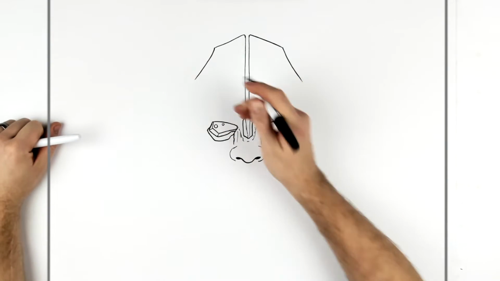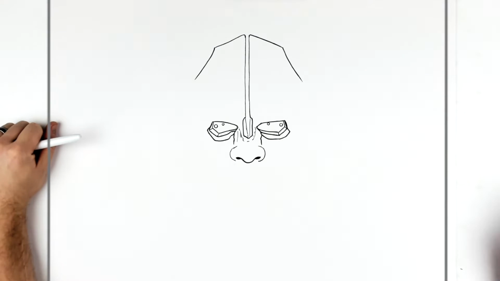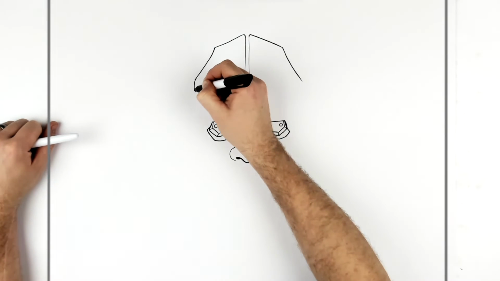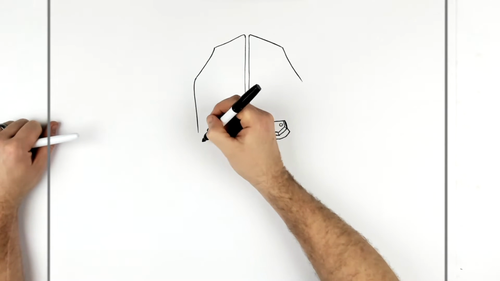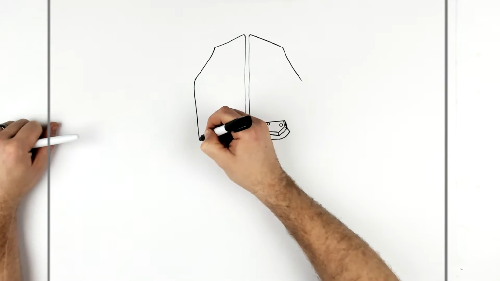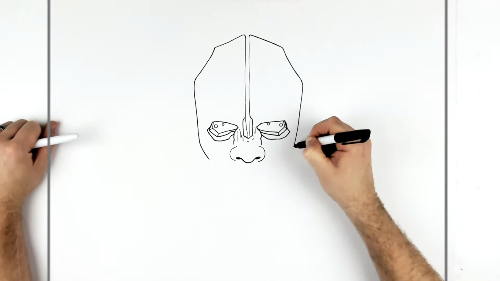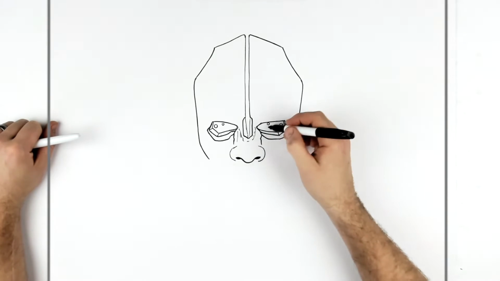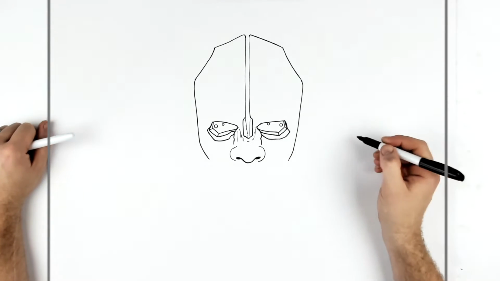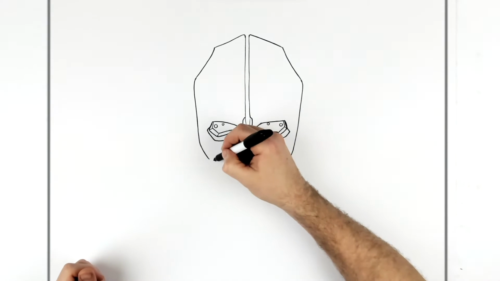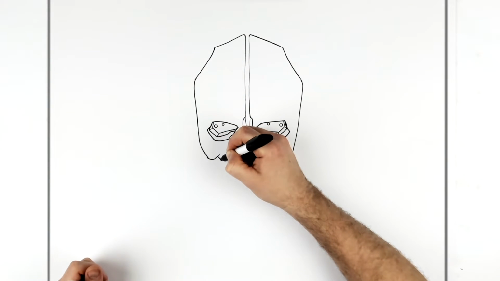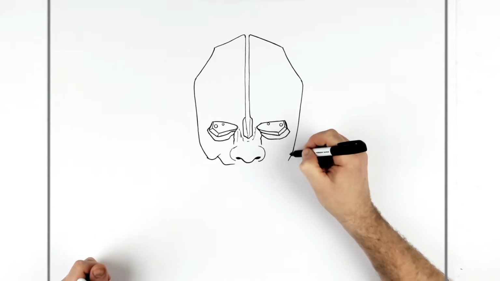But his face, the skin for his face, goes down this way and into here. Into there, and then it bumps underneath his nose, right?